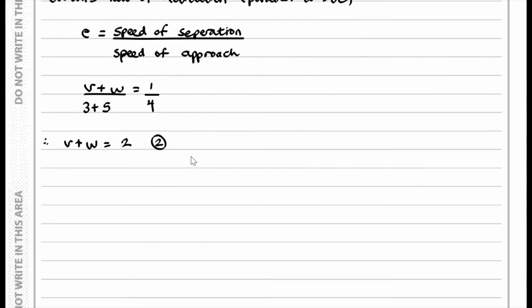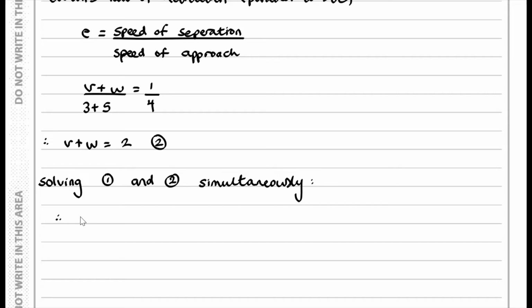And if we solve equation 1 and equation 2 simultaneously, you'd find in conclusion w is equal to -1 and v is equal to 3.